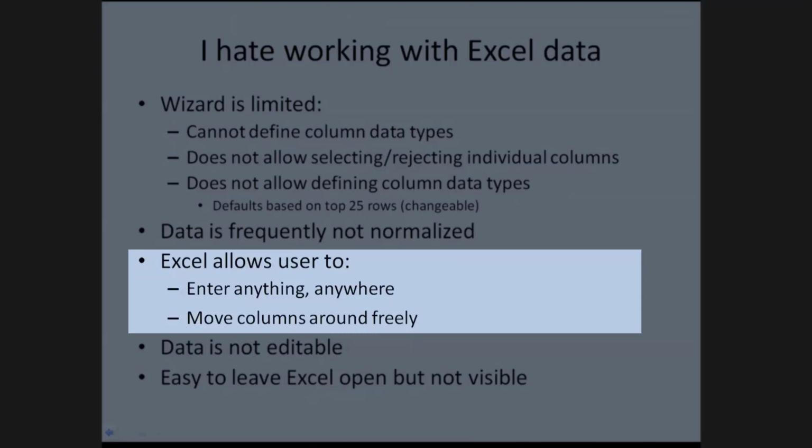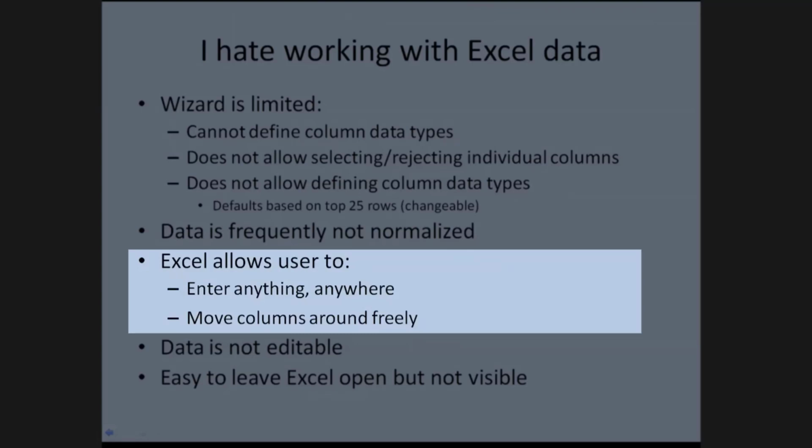Excel allows users to put anything they want anywhere they want. Now, if the developer of an Excel spreadsheet sets it up so that they have drop downs in some of the columns to allow them to select from a lookup list, that can improve the chances that you're going to get data that actually matches what you need.